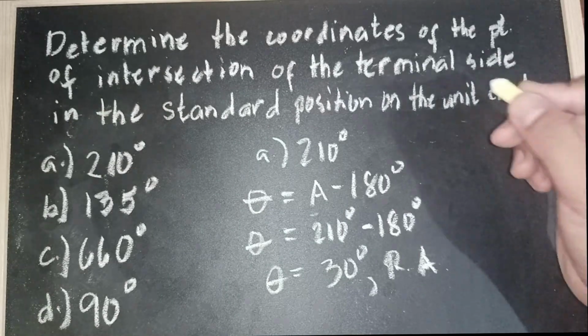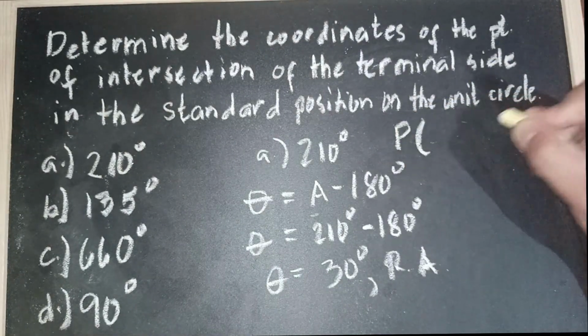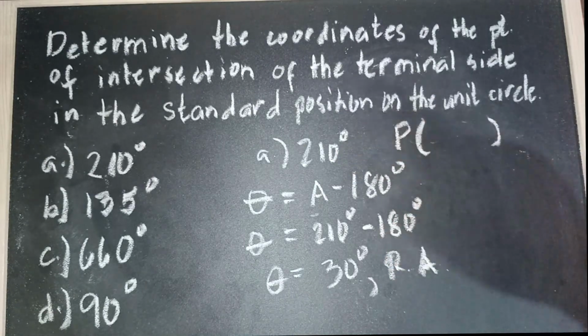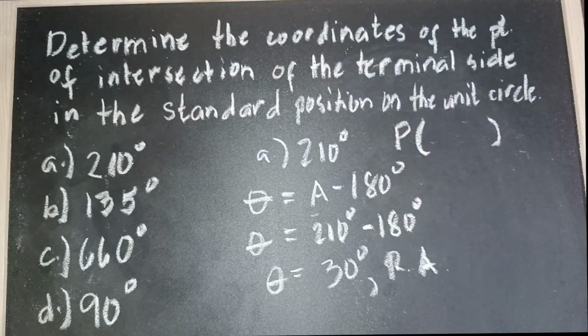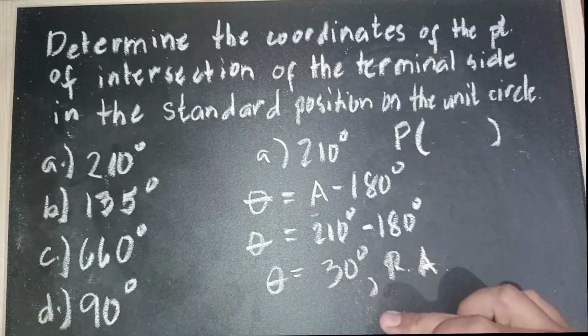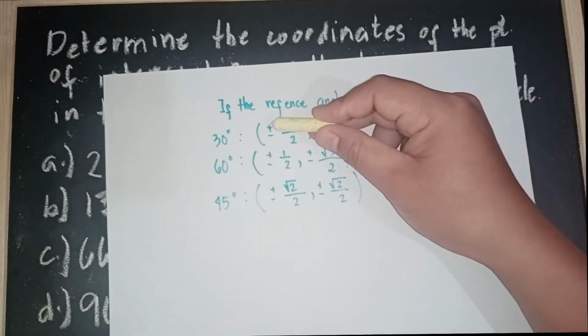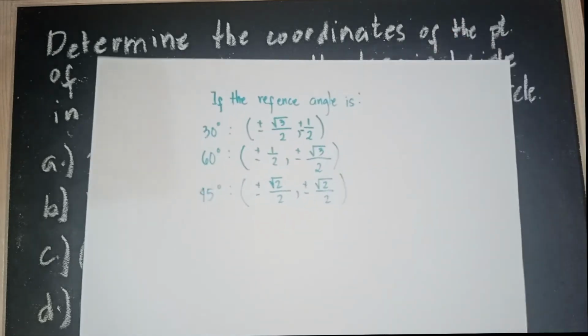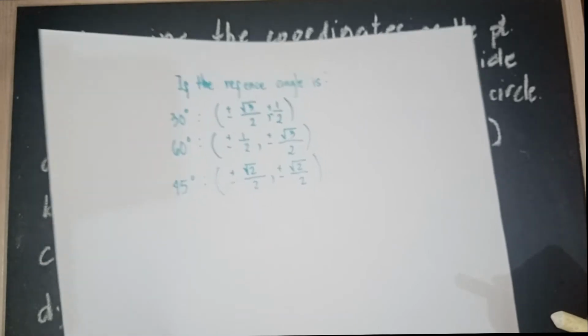Now, ano na yung point of intersection, okay, ng terminal side ng 210 degrees at saka ng point on the unit circle? Since yung reference angle is 30 degrees, ito yung gagamitin natin. Okay? Positive or negative square root of 3 over 2, positive or negative 1/2. Pero depende yan kung saan na-locate yung terminal side.